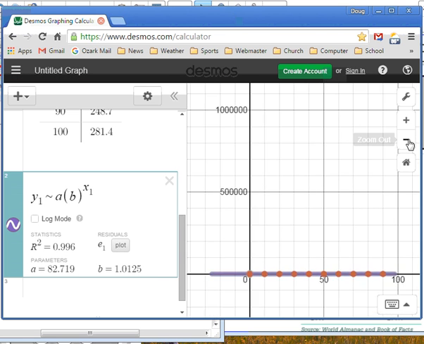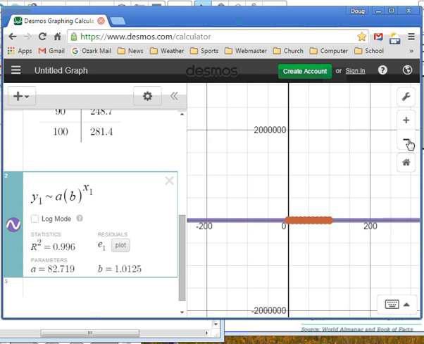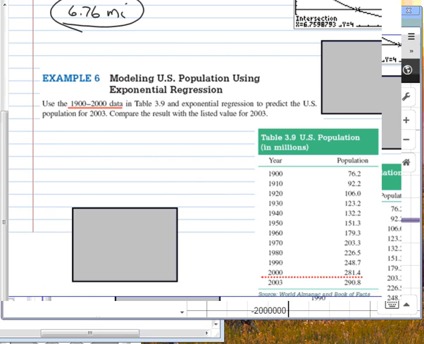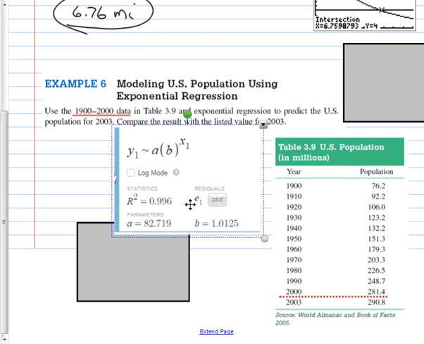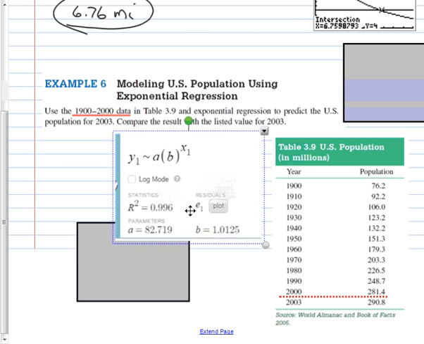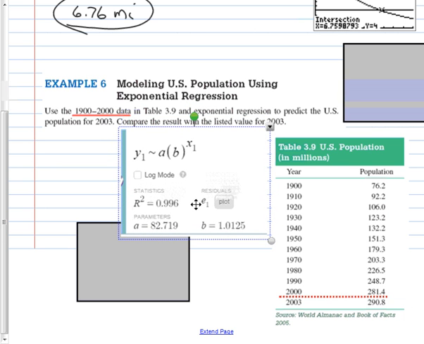Notice over here, it has also graphed it all there. So here I have my values on it.